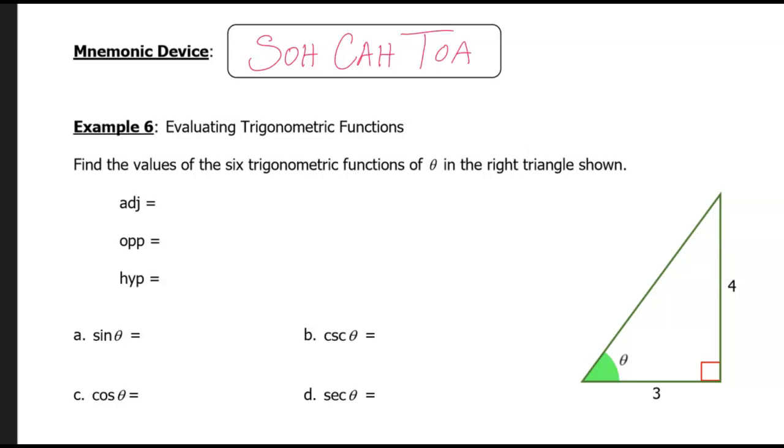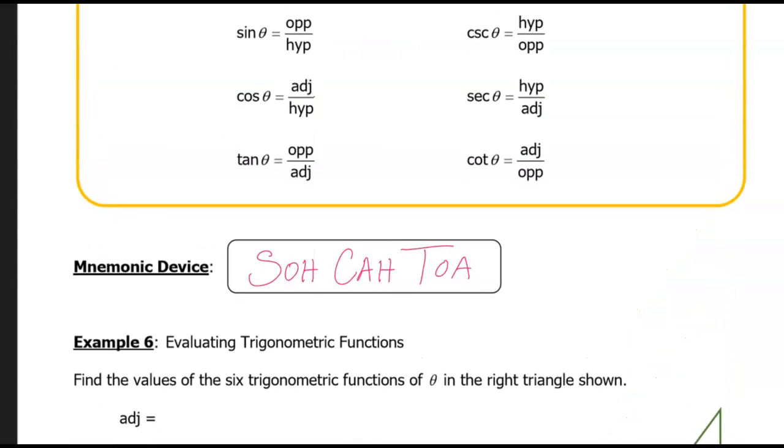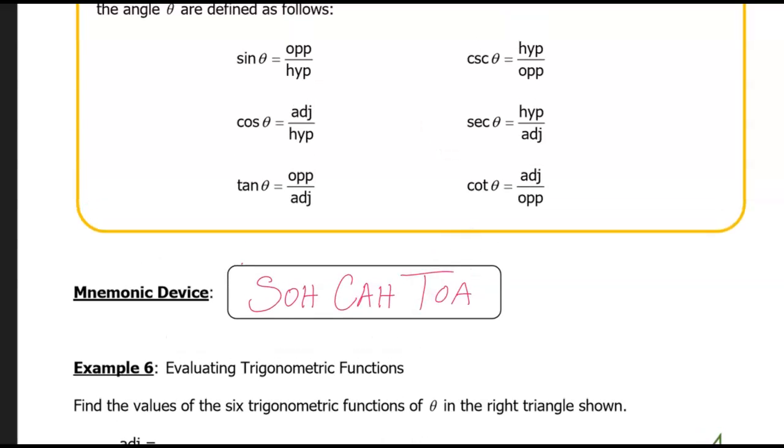SOHCAHTOA. What SOHCAHTOA does is it helps you set up your trig ratios. So what it means is, and we just actually worked with the SO, it means that sine is opposite over hypotenuse. See how it's O and then H? Whereas the C stands for cosine.